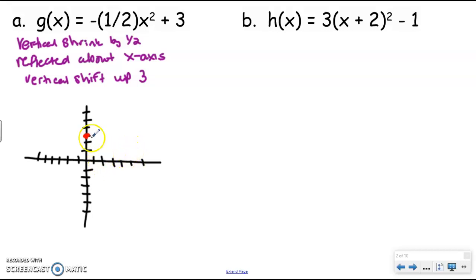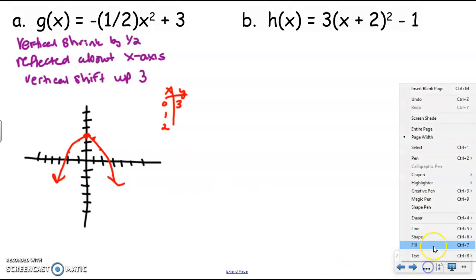Okay, so when I start plugging in values, if you want to, you can make a table. So I have the vertex at 0, 3, I could plug in 1, I can plug in 2 if I want. When I do that, I get 2.5 here, and then when I plug in 2, I get 1. So I'm going to plot those points. Okay, just a rough sketch here of my parabola. It is wider, it is reflected, it is shifted up.